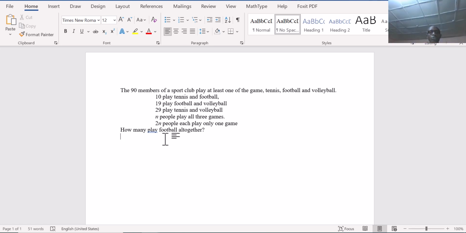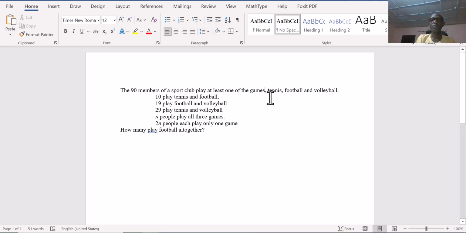So this question says the 90 members of a sports club play at least one of the games: tennis, football, and volleyball. 10 play tennis and football. 19 play football and volleyball. 29 play tennis and volleyball.